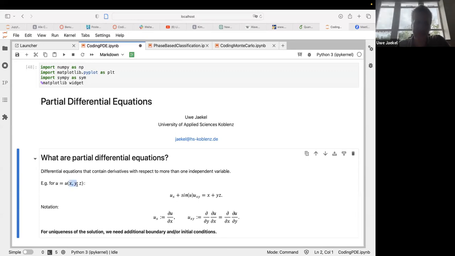So let's say we have a function of three independent variables x, y, z, and a partial differential equation is a differential equation that takes derivatives with respect to more than one of these independent variables. In this case, you see there's a derivative with respect to x. So this is indicated by this.